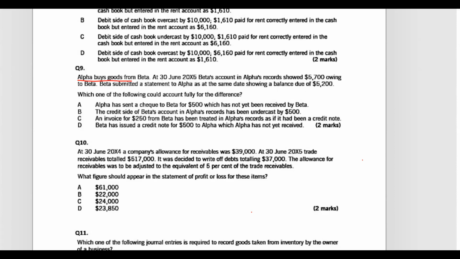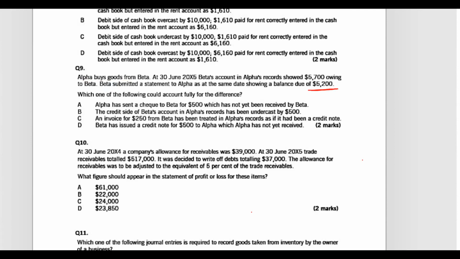Did you get that? Yes. So what has happened is that this person has recorded that he just owes this person only 5,200 because he believes that he has sent back some goods that are worth 500 kwacha.